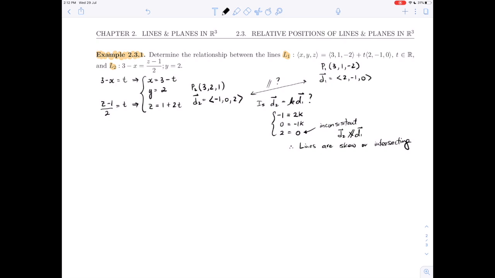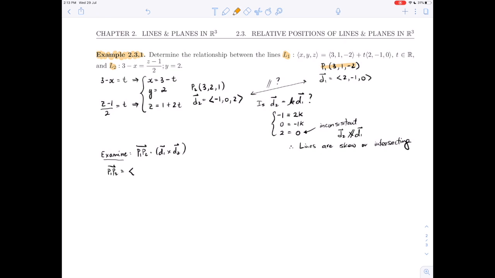And so the next test is whether the lines are coplanar or not. As our next step, we are going to examine the triple scalar product: P1P2 dotted with d1 crossed with d2. We need to calculate P1P2 quickly, using the delta method, subtracting the components.